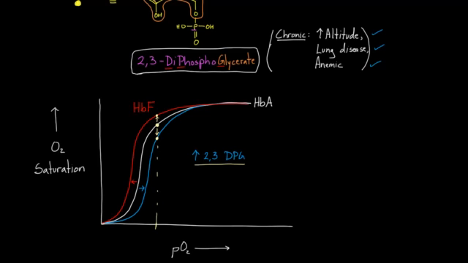So looking at these two curves now, the white one represents mom, the red one represents baby. If you want to look at a point where about half of the hemoglobin molecules are bound to oxygen, that might be right about there, meaning this is about 50% of the way there. So 50% of the hemoglobin molecules are bound to oxygen when the partial pressure of oxygen is about 27.